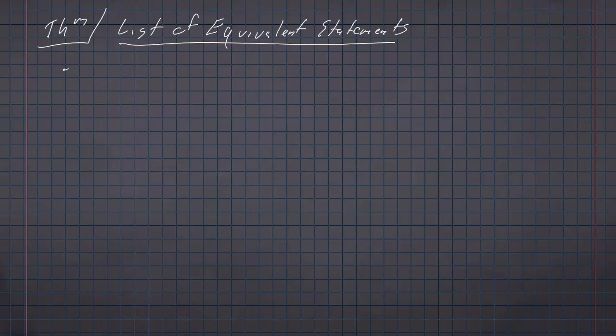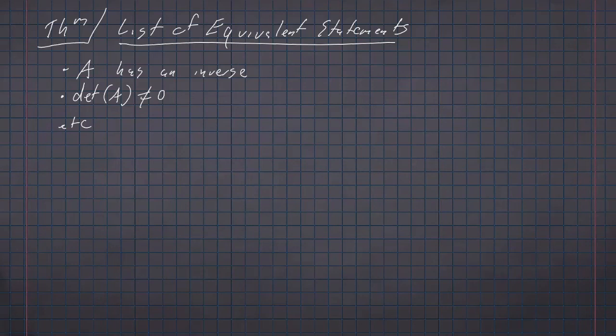We had that statement that A has an inverse. The determinant of A is not equal to 0. And all the other equivalent statements that we've talked about in the past.